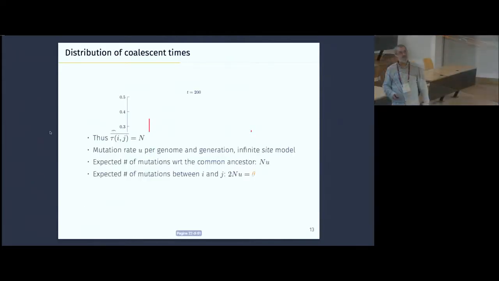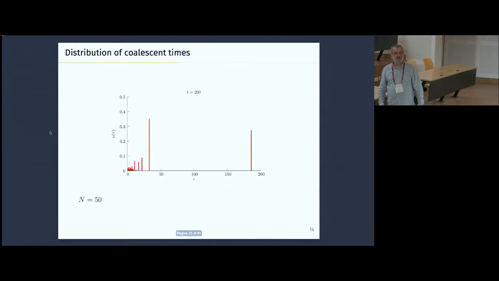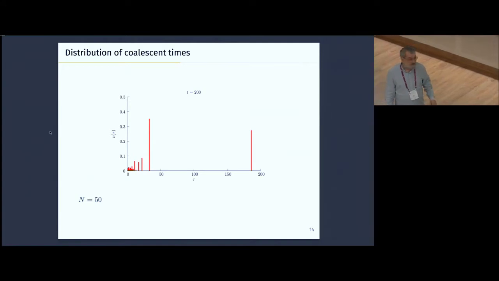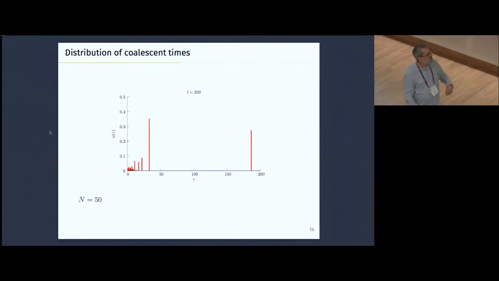Now, what I wanted to show is the following. Here we are looking at a population of 50 individuals, and we look at the distribution of the age of the last common ancestor between any two pairs. This is the kind of thing that you find, something like that.